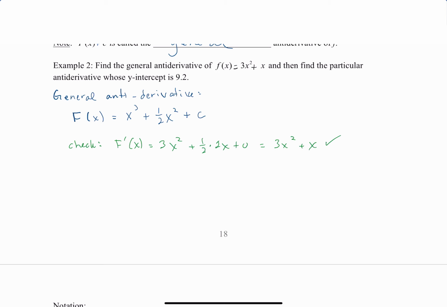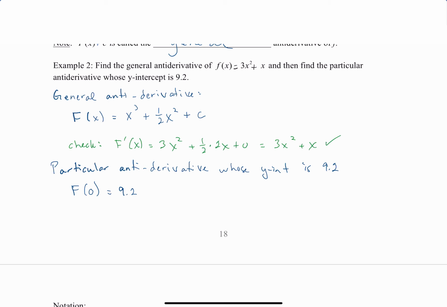Now, for the particular antiderivative whose y-intercept is 9.2, that would mean that capital F of 0 is 9.2, right?